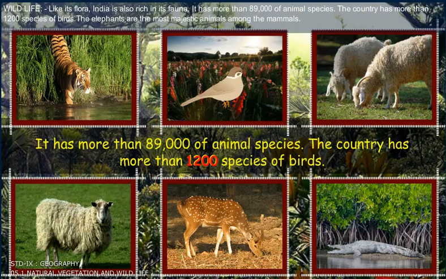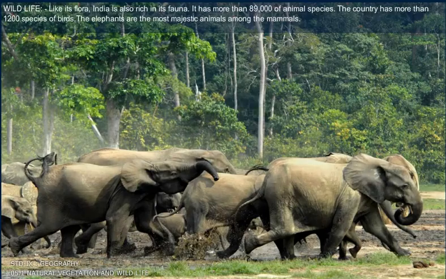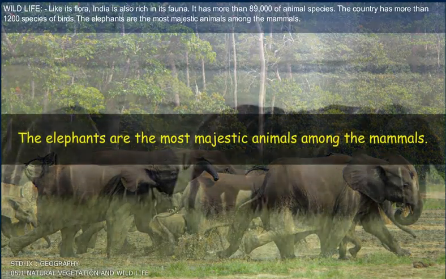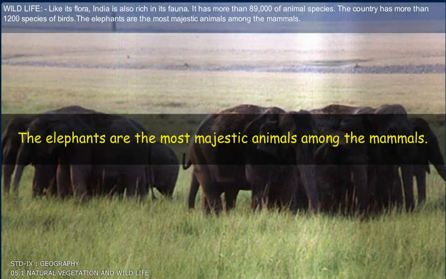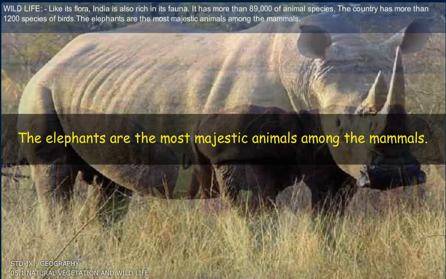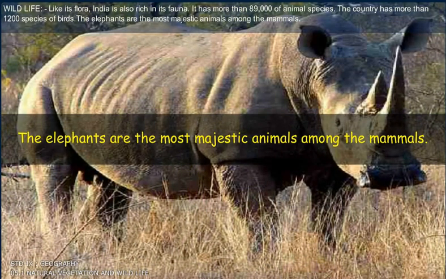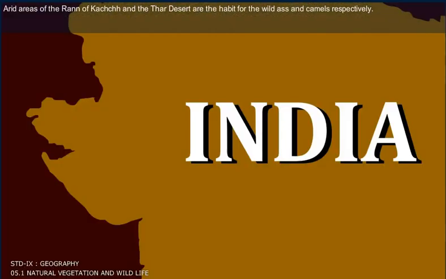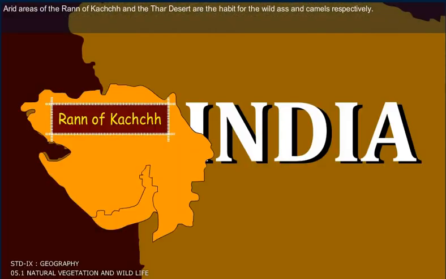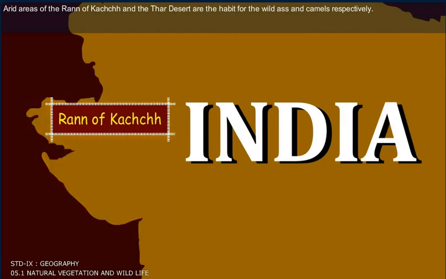The elephants are the most majestic animals among the mammals. Arid areas of the Rann of Kutch and the Thar desert are the habitat for the wild ass and camels respectively.